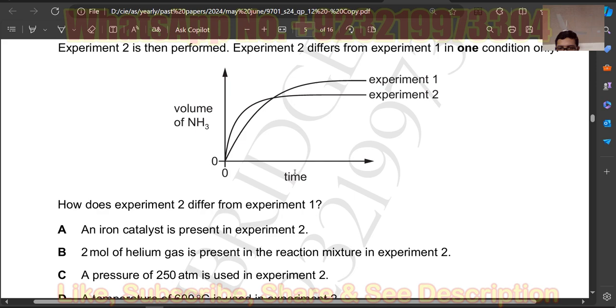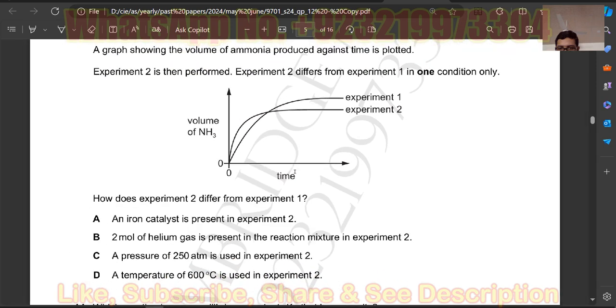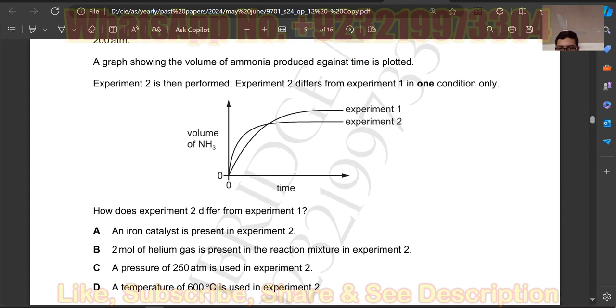So it means that we need to find out the condition which changed the graph of experiment number 2. There should be only one condition which must have changed the graph. So if you compare the graph of experiment number 1 with 2, we clearly see that the speed of experiment number 2 has increased because the change in time is less for experiment number 2, because there is a steep slope over here.